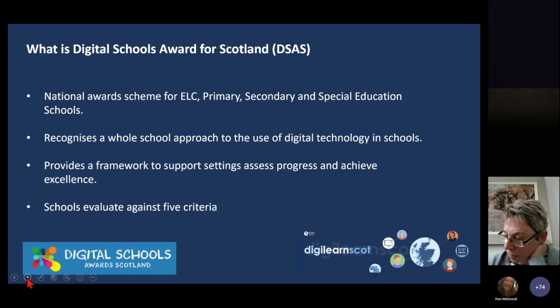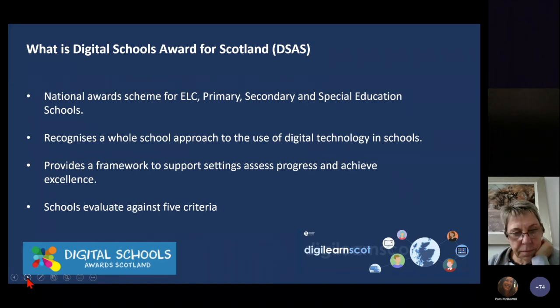This is the tool for you, because it is all about supporting your setting to assess the progress and assess where you are now and where you need to go next. So please don't think of it just as the award, that final achievement, but more as a support for you in your setting, a support for you to come together as a team to look and to assess where you are.